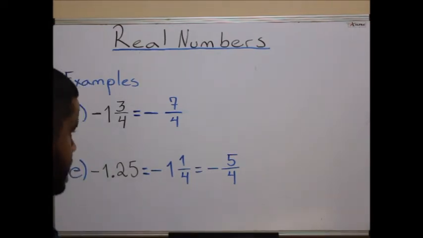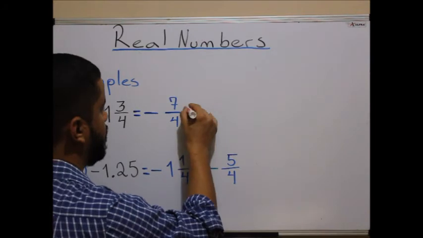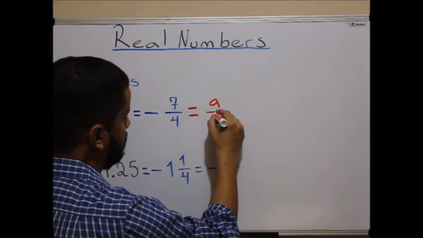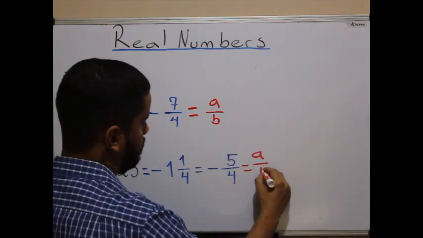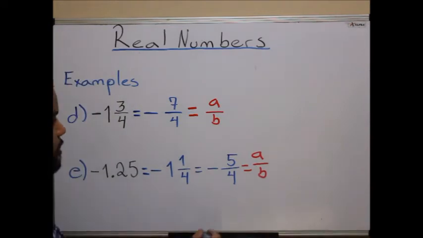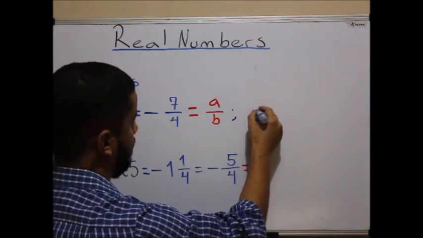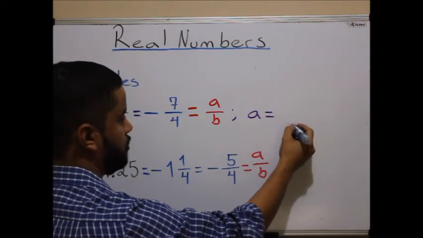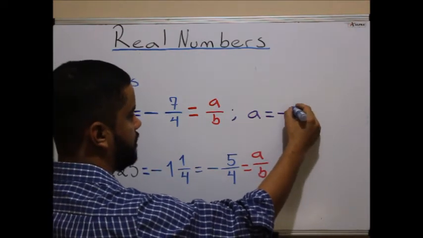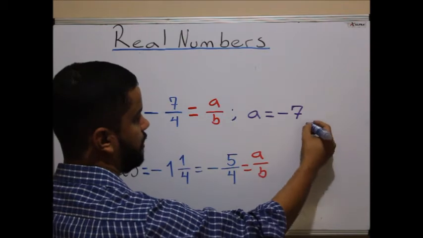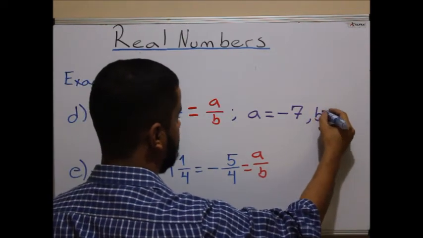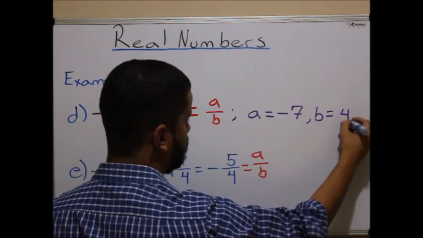Now what are we going to have? We're going to have the equivalent fraction that will be A/B, A/B. There. Now here we can say that A will be equal to -7 and B will be equal to 4.